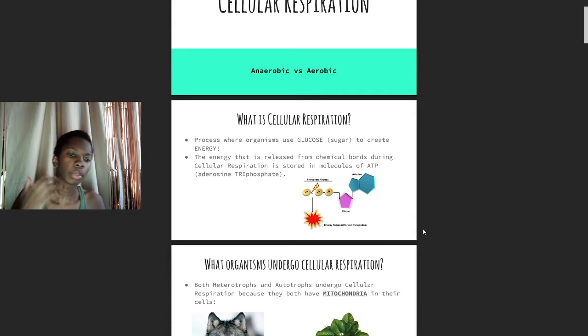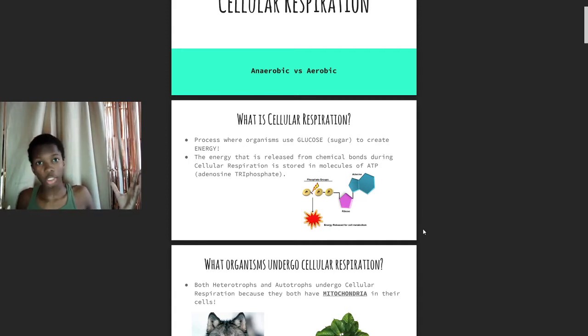Cellular respiration is the process where organisms use glucose, which is a special type of sugar that's inside of cells, and just normal sugar. So pretty much imagine sugar, but if smart people say sugar, they say glucose. They're both the same thing.